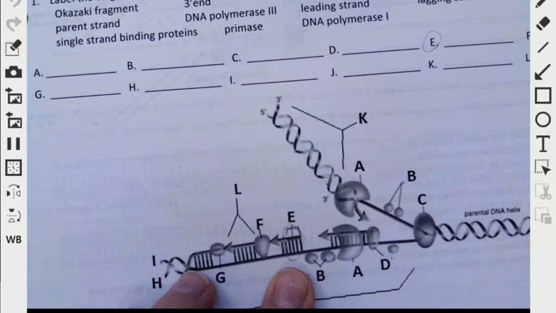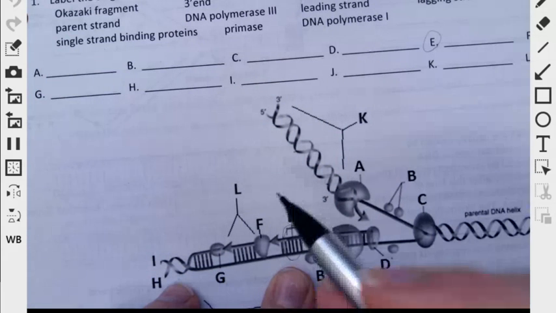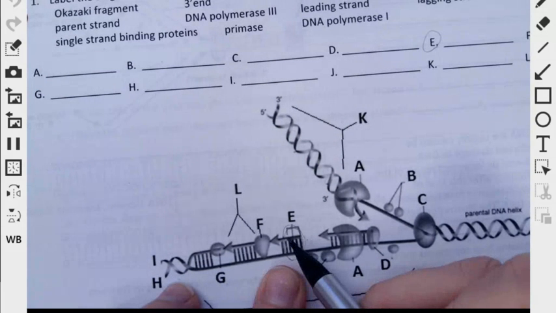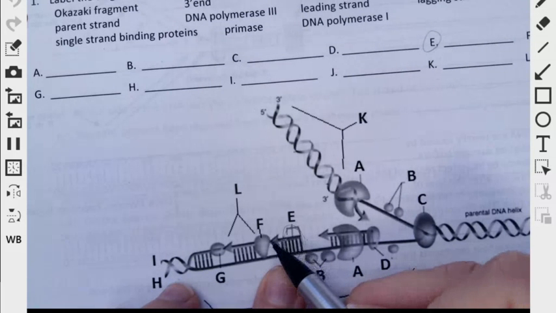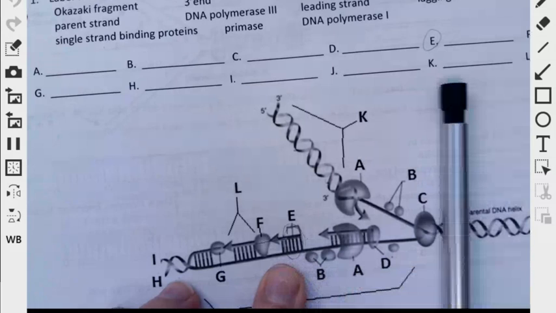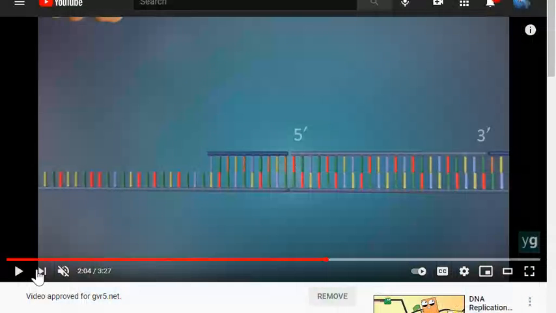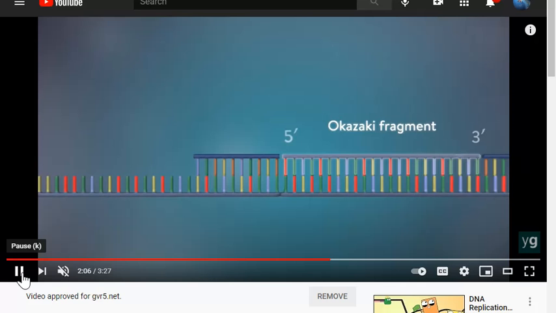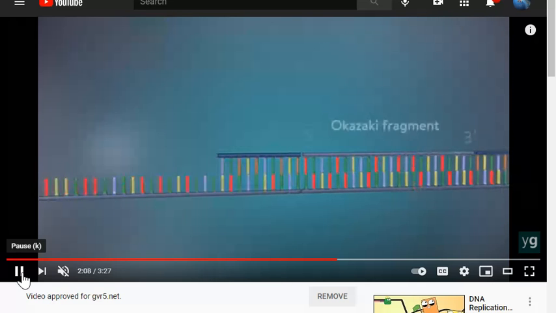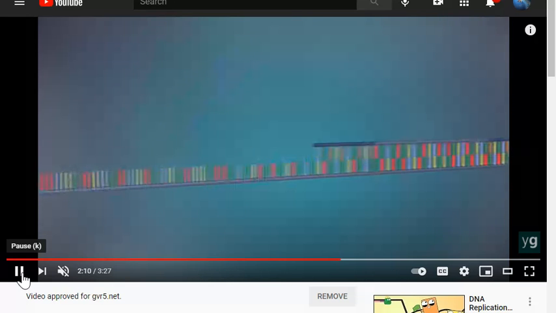And after the primer goes on, now we have a 3' end here that DNA polymerase can hook onto, and it can then add DNA nucleotides. Okay, so that's the primer. Primer got put on. Okay, and we're going to see here in a second that we're going to make this part in sections, and those sections are called Okazaki fragments.